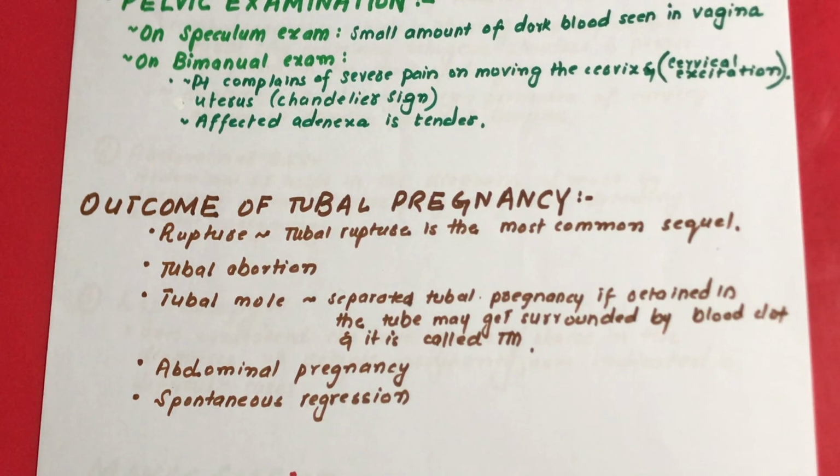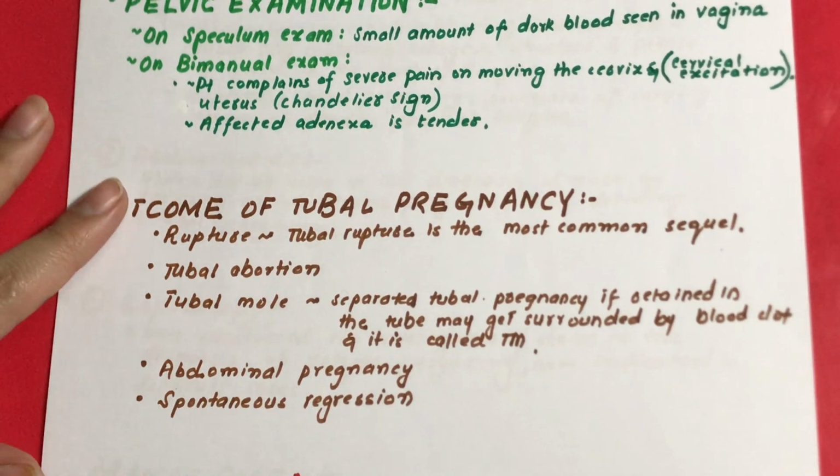Then abdominal pregnancy: the tubal ectopic pregnancy can continue as abdominal pregnancy when implantation extends into the peritoneal cavity at tubal rupture. And then there may be spontaneous regression. The tubal pregnancy may rarely regress spontaneously. Okay, that really happens. Then moving on to the investigations.